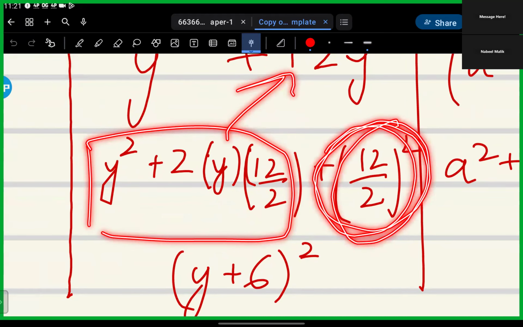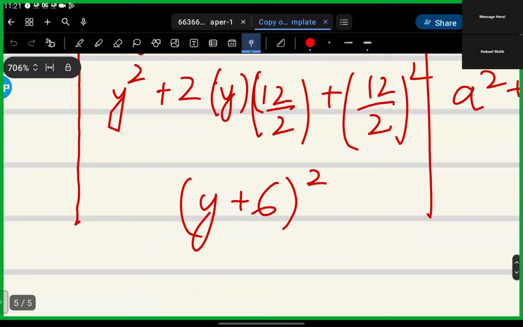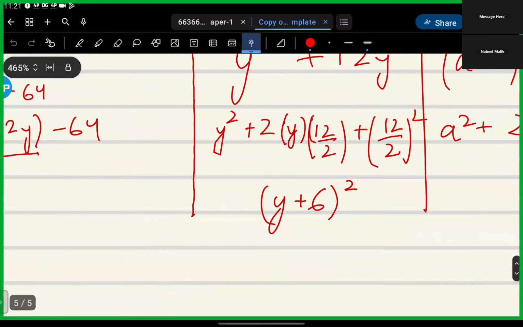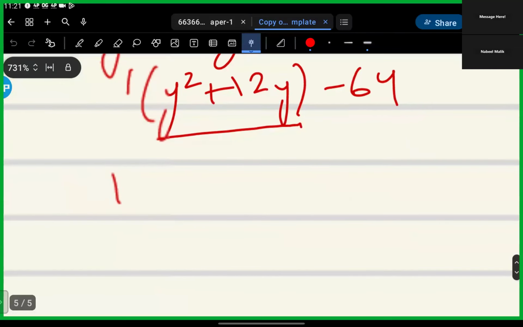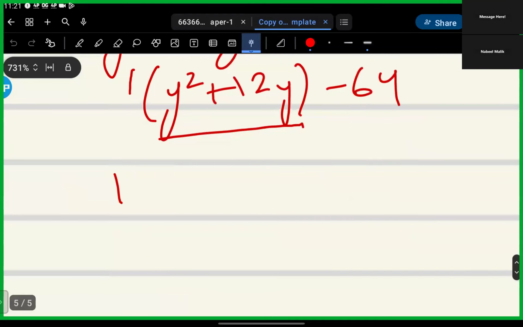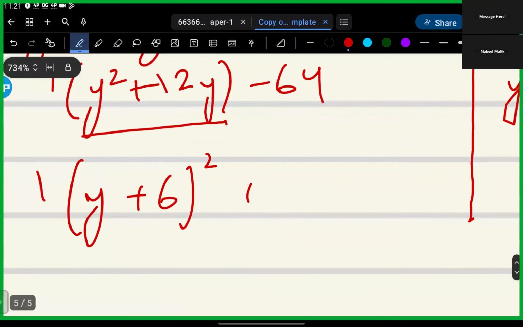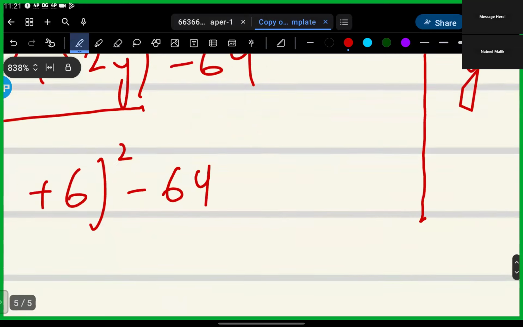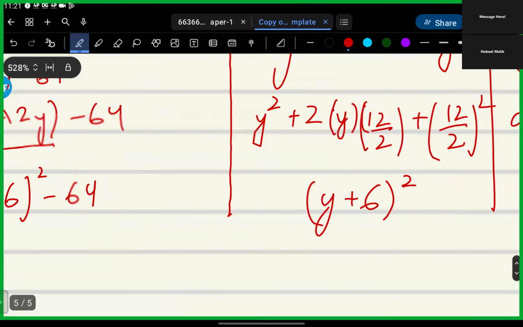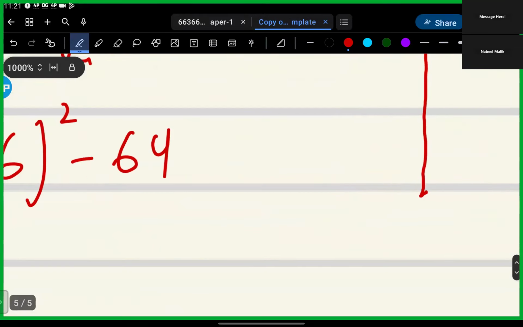So we have to subtract it again. You're just going to write y plus 6 square and then minus 64, and then you have to minus 6 squared as well. Minus 6 squared.